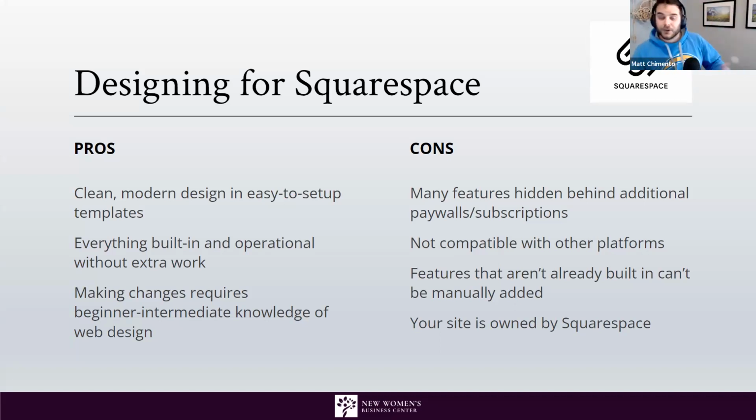The cons of using a site builder like Squarespace are a lot of those features that we just talked about, or that we really haven't talked about: email marketing features, or appointment booking calendars, or events calendars. Those might be hidden behind paywalls or additional pricing.